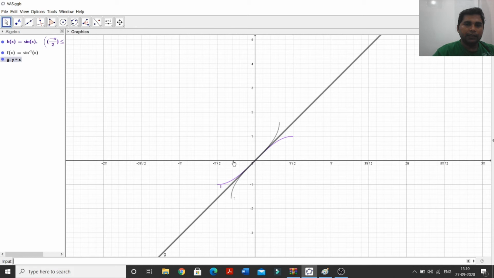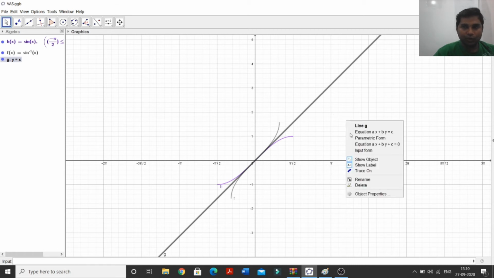It starts here, this is minus 1 and this is 1. It cannot be shown, but you can take it that this is minus 1 and this is plus 1. So the domain of the function was minus pi over 2 to pi over 2. That becomes the range of the inverse function. So the range is minus pi over 2 to pi over 2.